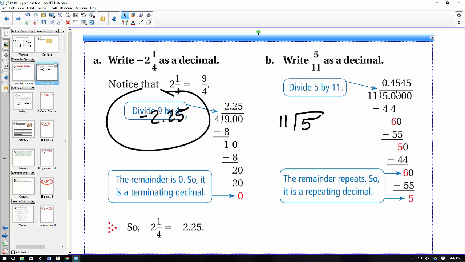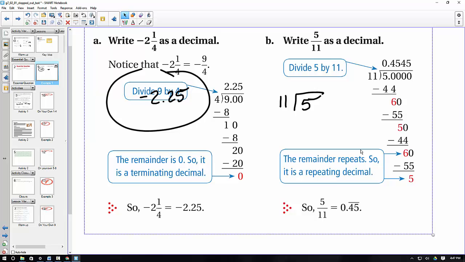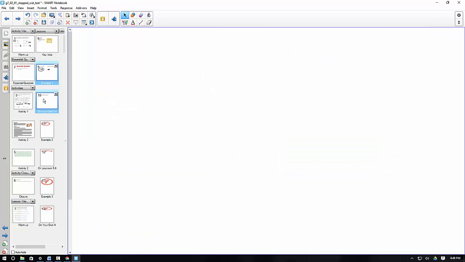Right here. And then I'll subtract, and here are all the steps. And you'll notice that it keeps on going back and repeats. It's like 0.45, 45, 45, and so on. So that is my actual answer.